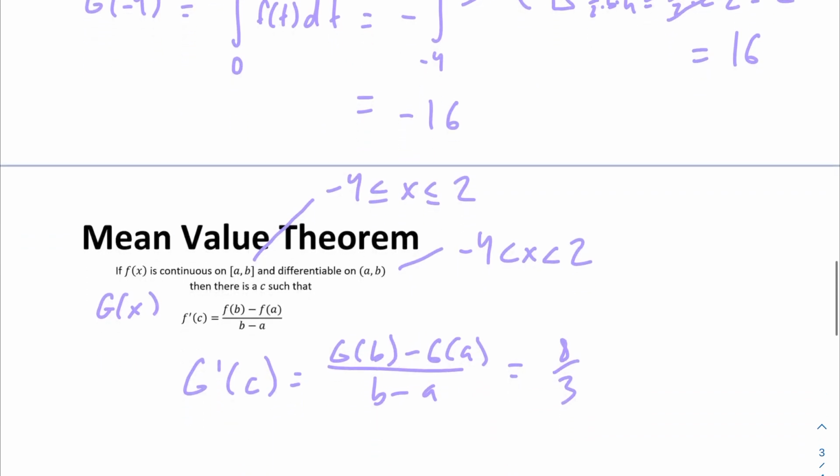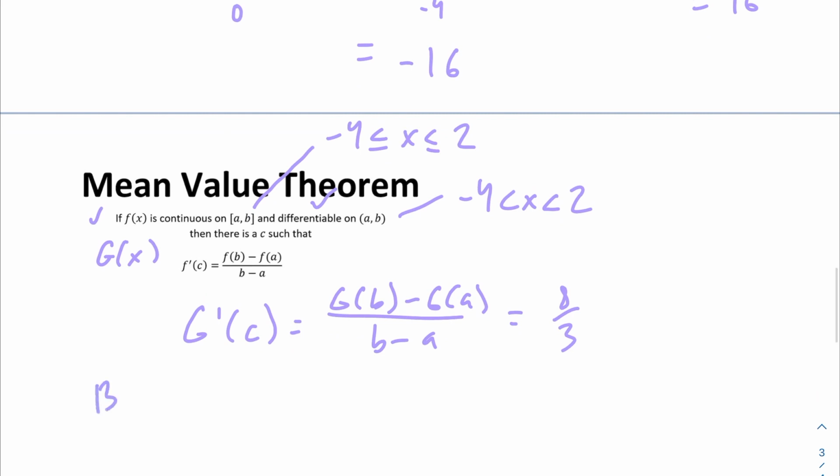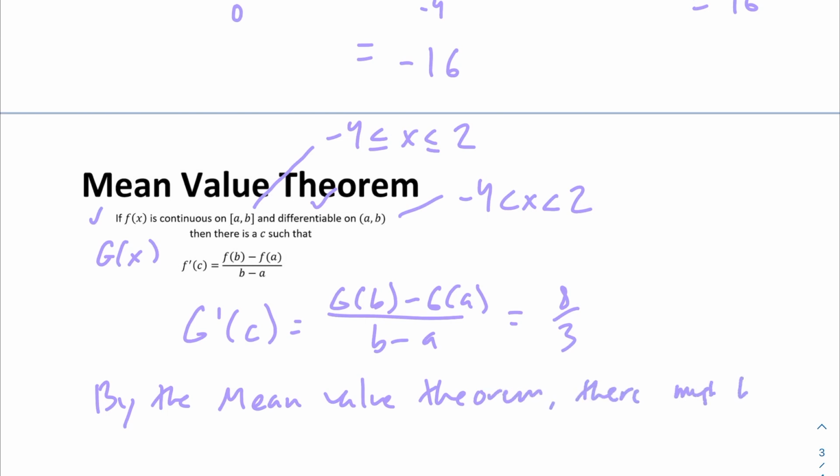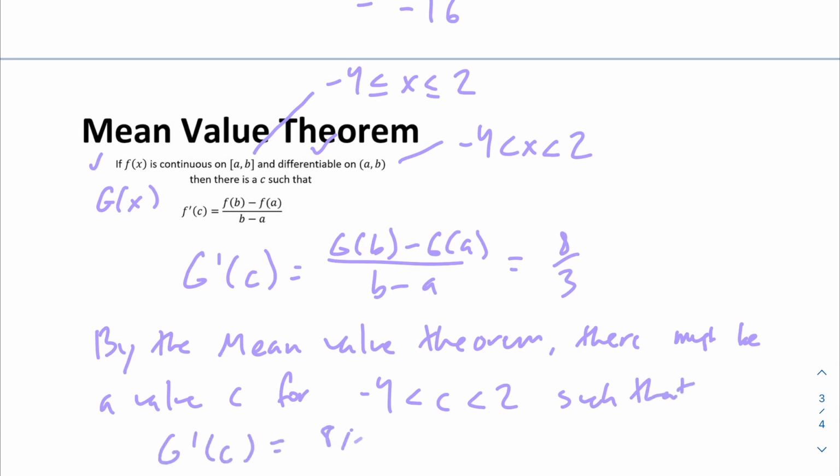So these two are true, so that means by the mean value theorem there must be a c such that g prime of c is equal to 8/3. So by the mean value theorem there must be a value c between minus 4 and 2 such that g prime of c is equal to 8/3.